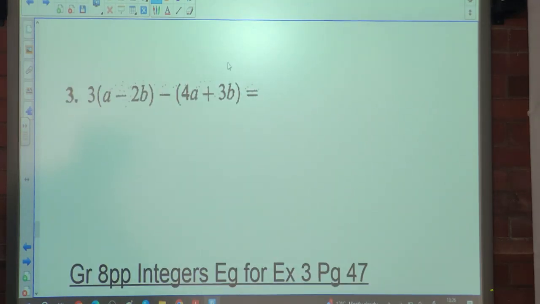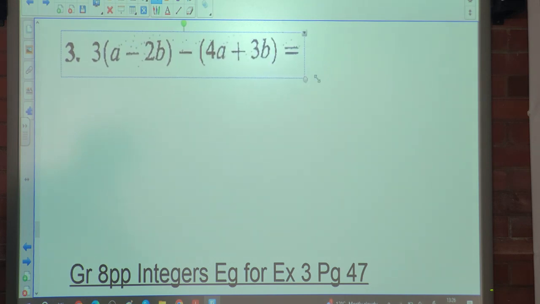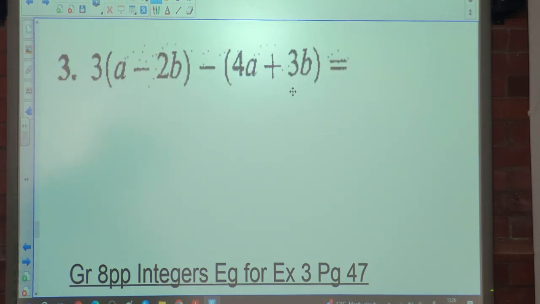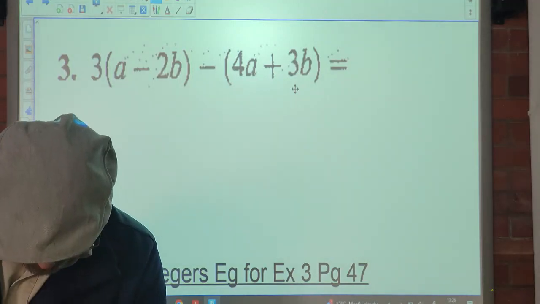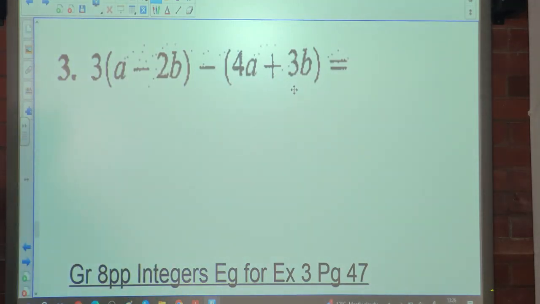Number 3. And one more example after this. We got 3 into a minus 2b, close brackets, minus 4a plus 3b, close brackets. How many terms are there, people? 2 terms. What separates terms?